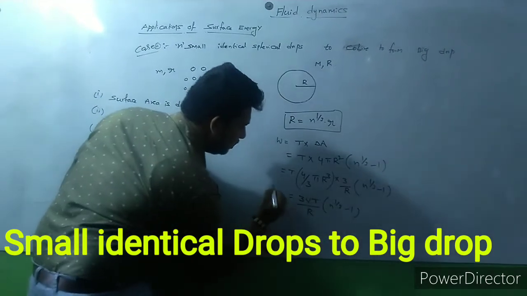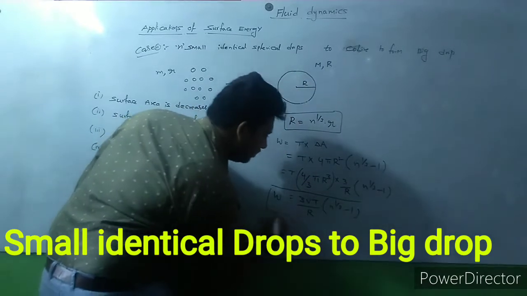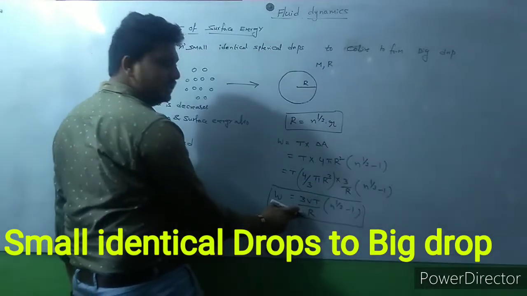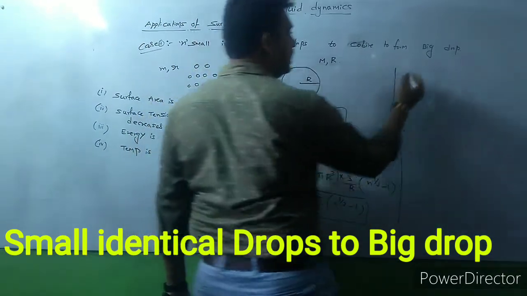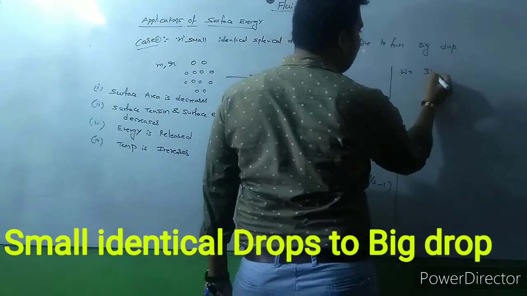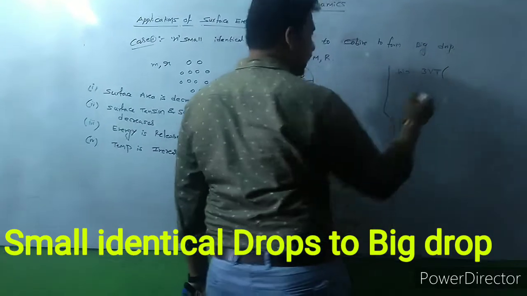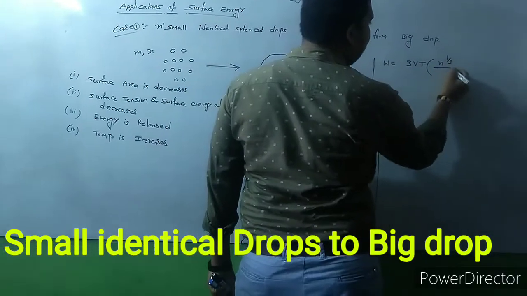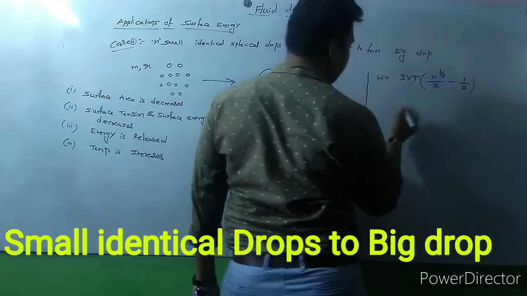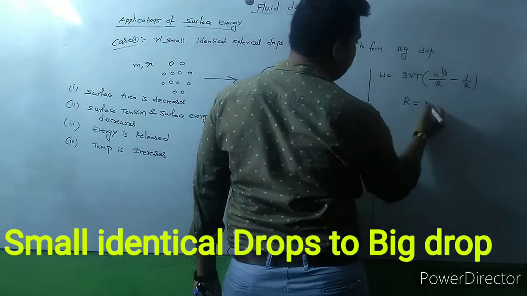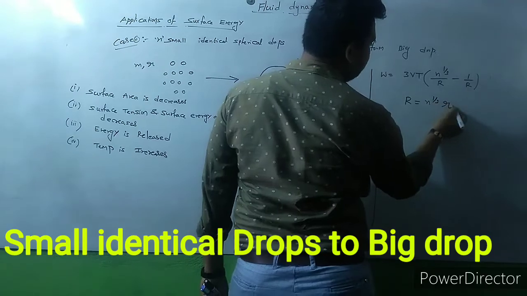This is the work done formula. If you move this r inside, work done is equal to 3VT into n power 1 by 3 by r minus 1 by capital R. We know that capital R is equal to n power 1 by 3 into small r.